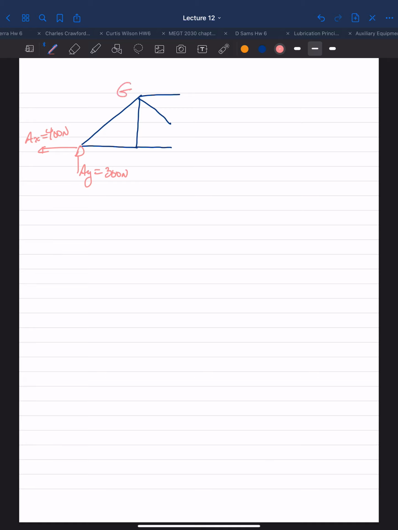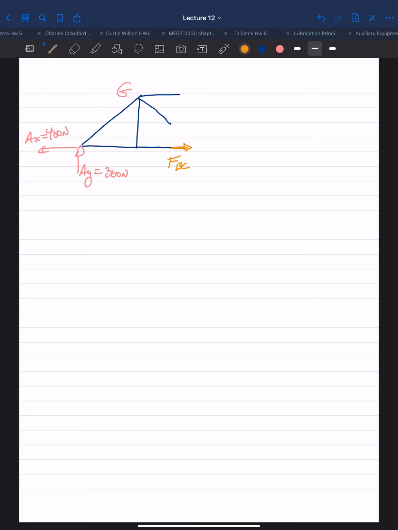Okay, so we made our cut, right? So then this would be our FBC. We cut through member BC, so that's the force in member BC.